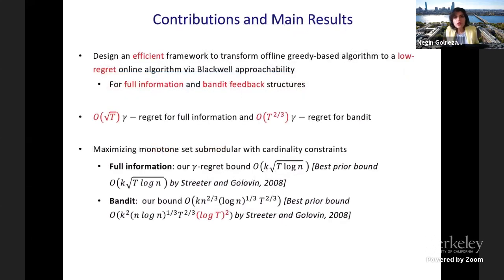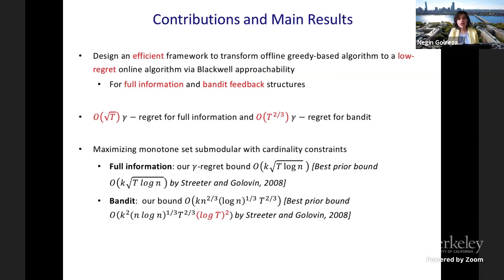So now is a good time for me to summarize our contribution and main result. One of the nice things about this work is that we have a general framework to transform an offline greedy algorithm into a low regret online algorithm via Blackwell approachability. And we have results for both the full information setting and the bandit feedback structure. For full information, we get O of square root of T gamma regret.